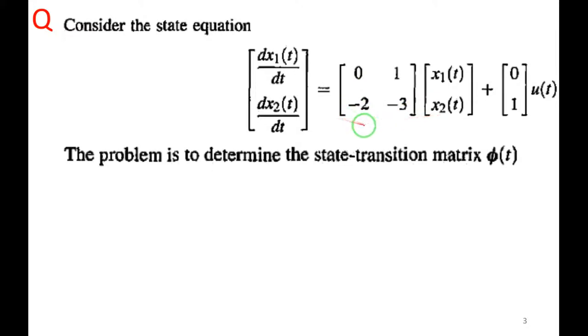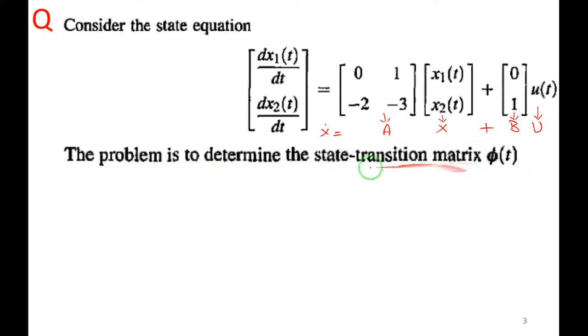It is of the form x dot equal to Ax plus Bu. This is the vector A, this is the state vector x, this is the vector B, and this is the input u of t. It is asked to find the state transition matrix.